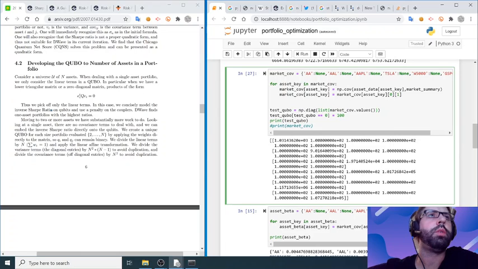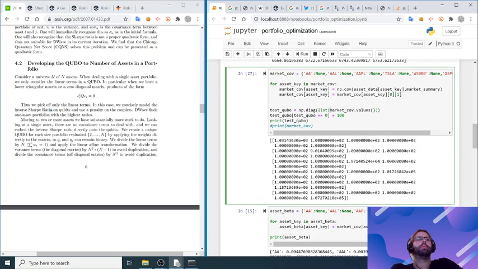Single asset portfolio, we only consider the linear terms in a QUBO. Moving to 2 or more assets, we create a unique QUBO for each size portfolio by applying the weights directly to the matrix. So Qi and Qj can remain binary. I don't understand that. We divide the linear terms by n.